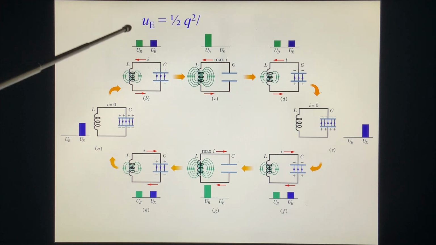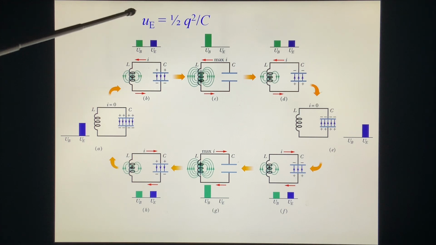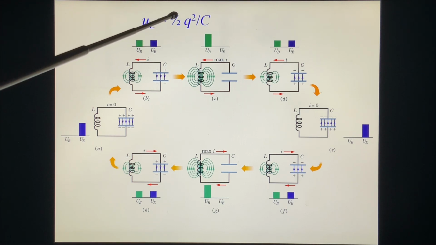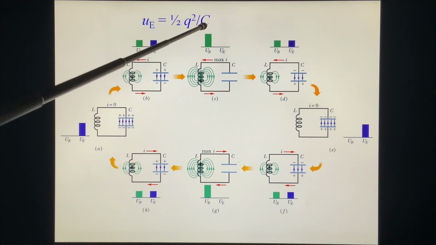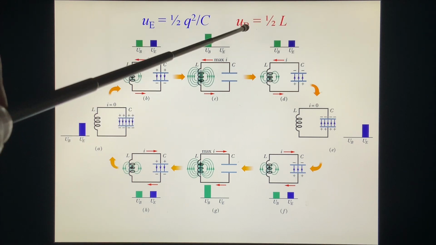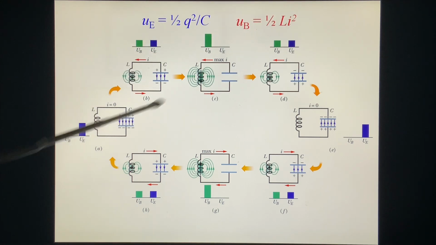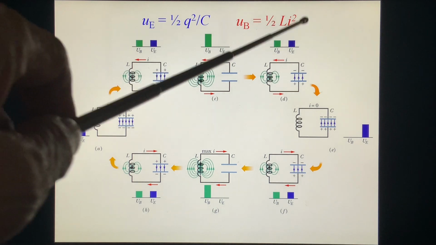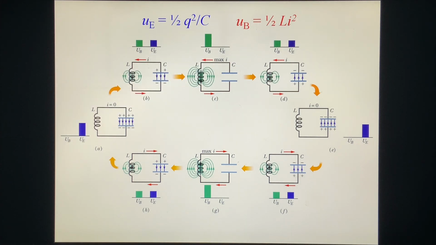We know the electric field energy is half Q squared over C, and the magnetic field energy in the coil is half L i squared. In this case, i equals 0 and Q is the maximum, so we have electric energy stored in this capacitor. Total energy is concentrated here.